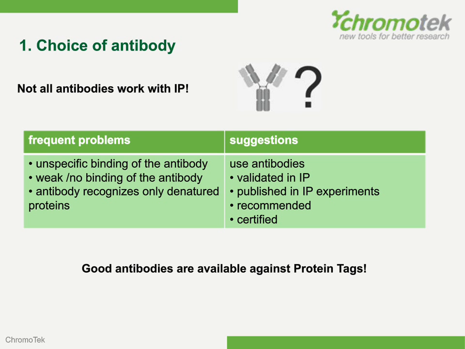Then you will have a really high background afterwards in your immunoprecipitation reaction. Or it might happen that your antibody doesn't bind at all or only weak to your protein of interest. Then you won't have any immunoprecipitation.